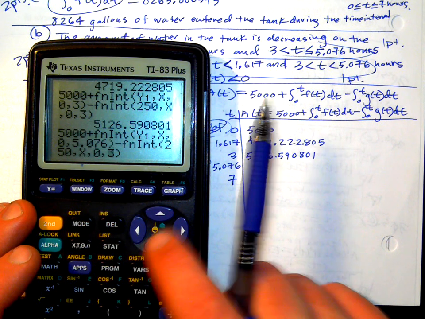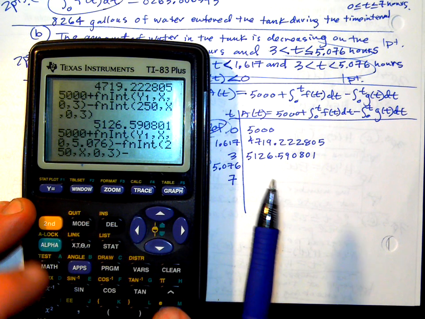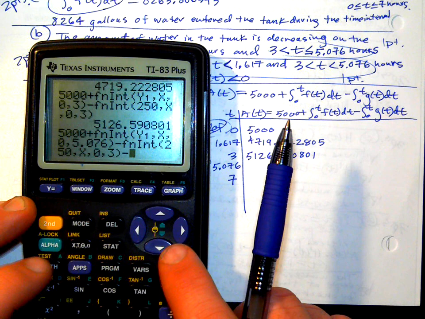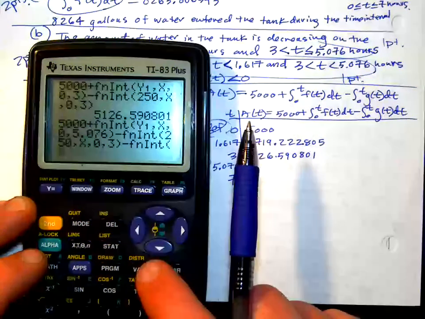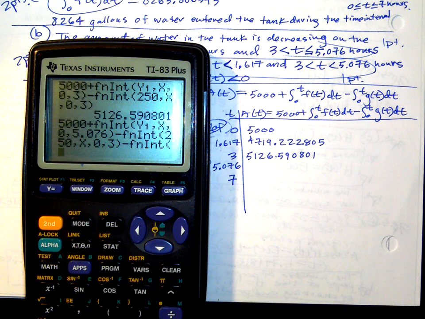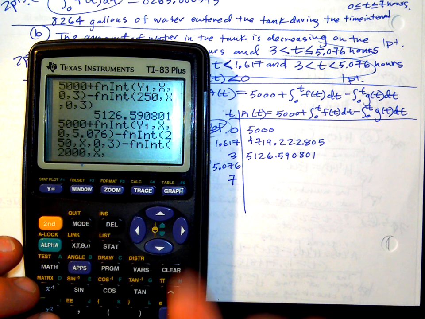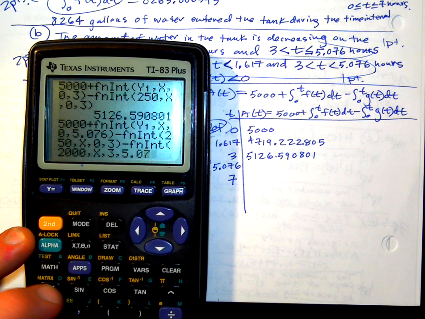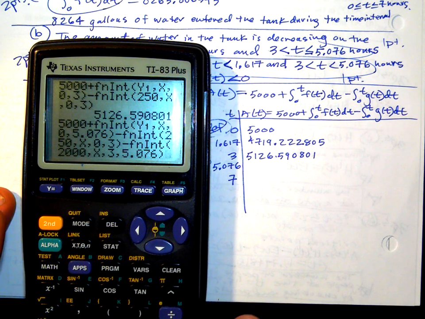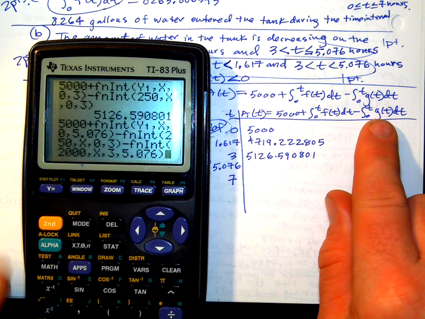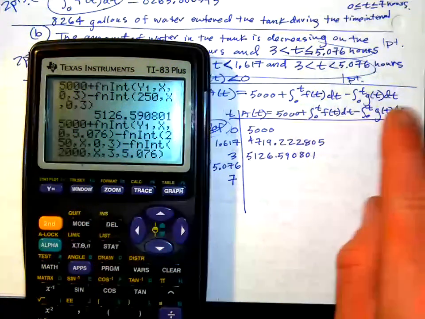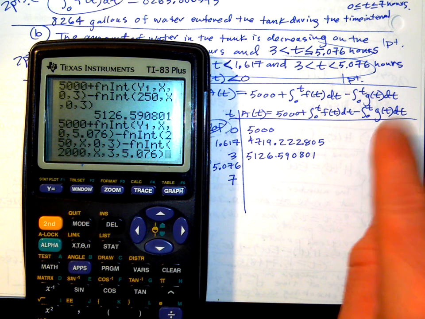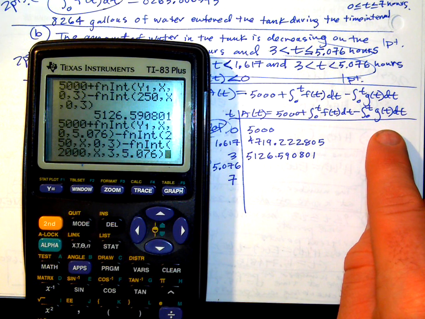So we're going to leave that one there and then subtract another one, math 9. The next one is 2000, the leaving rate, comma, x, comma, and we're going to start at 3 and go to 5.076. That's kind of tricky because you have to break up the integral for G because it's piecewise. You've got to go 0 to 3 of 250, and then 3 to numbers after 3 of 2000.